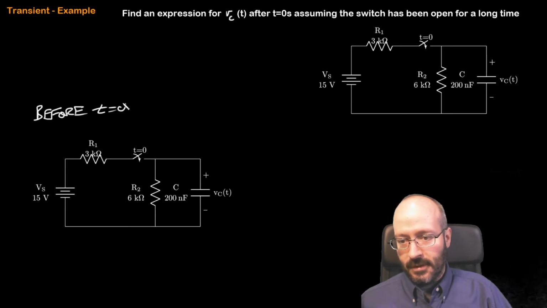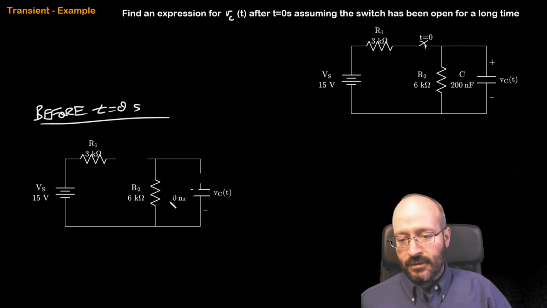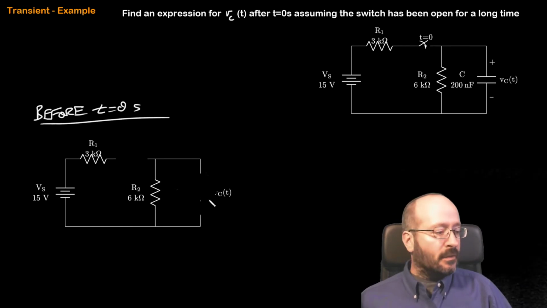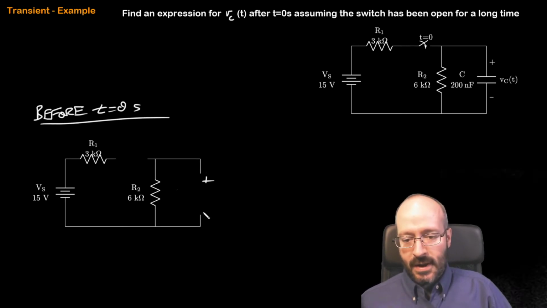All right, the switch is open, so that's just going to be open. There's no connection there, and we're once again going to assume that the switch has been open for a very long time. So the circuit is in a DC state, and now this is open here. So what we want is the voltage across that, and that's going to be our voltage at t equals 0.